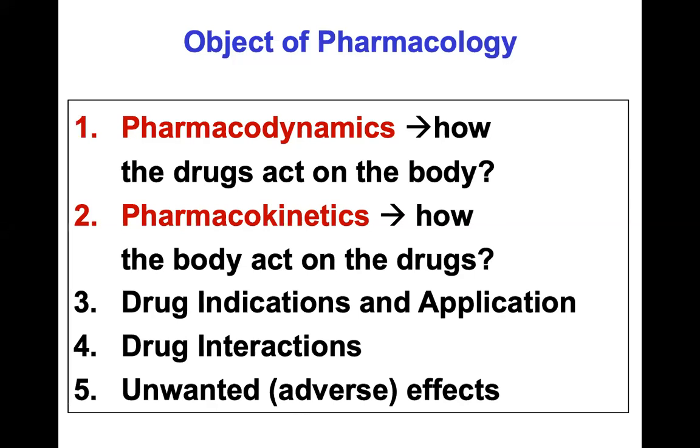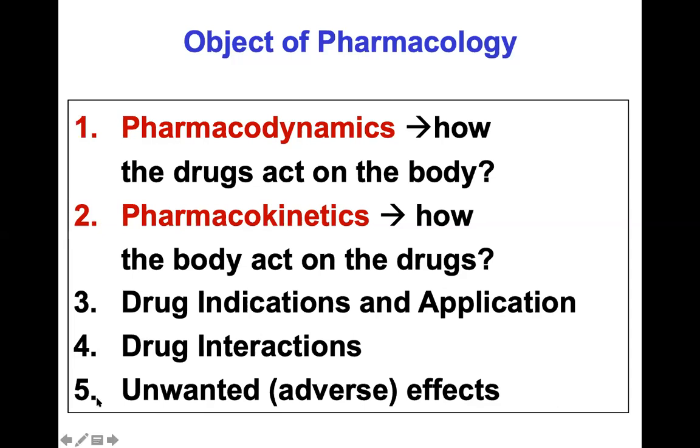You should know that a 500 milligram or 650 milligram paracetamol tablet in an adult is being given for fever, so as to reduce the temperature. That is the indication of paracetamol: what disease condition the patient is having for which you are going to give the drug.